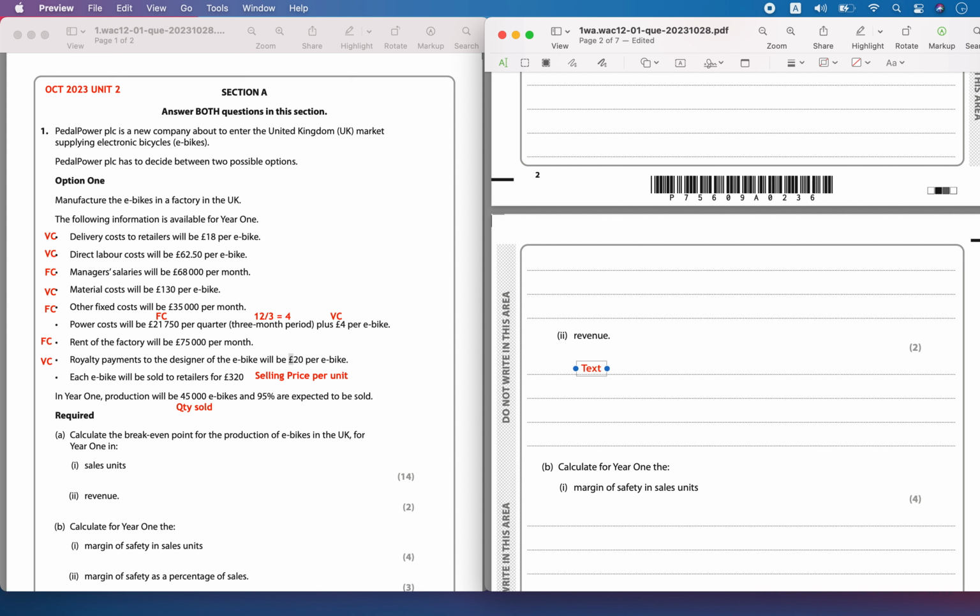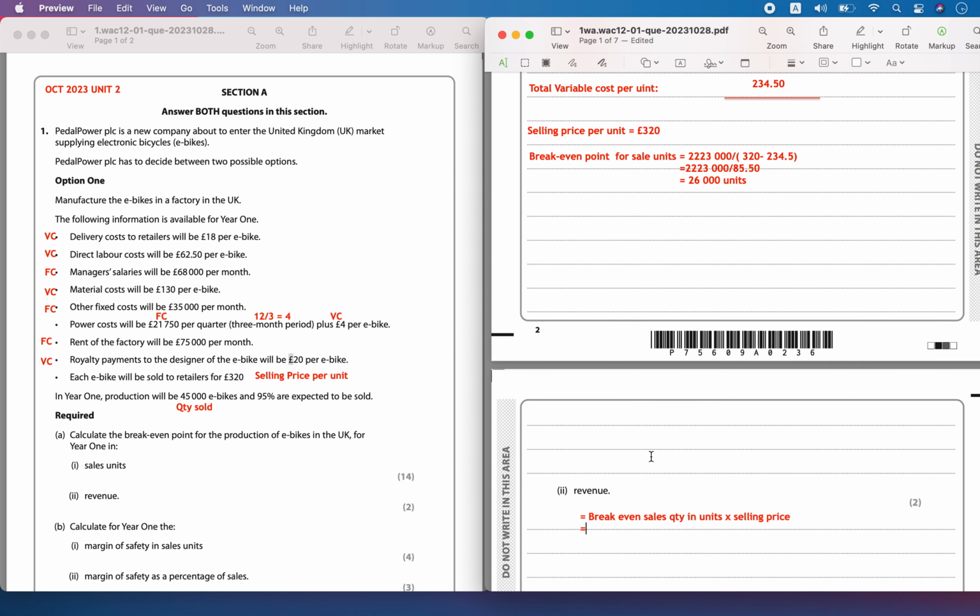So the revenue at the break-even point is going to be equal to break-even sales quantity units times the selling price.